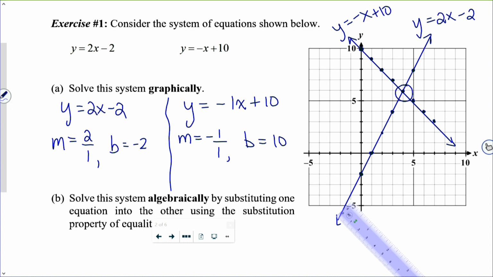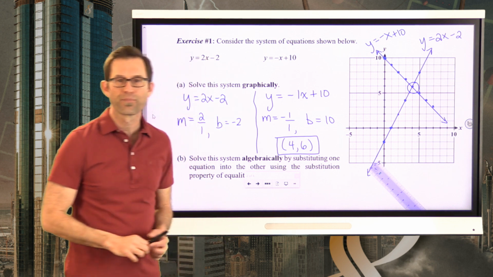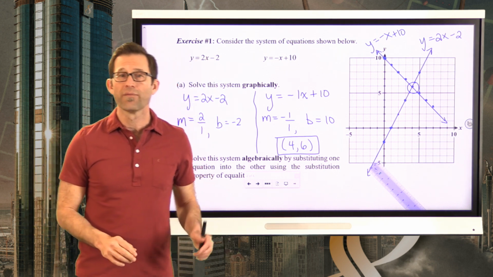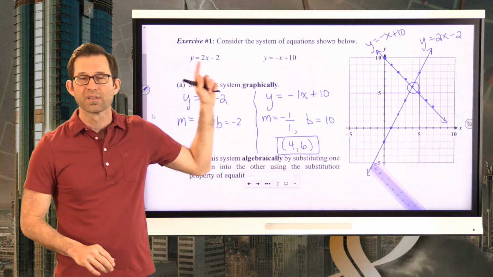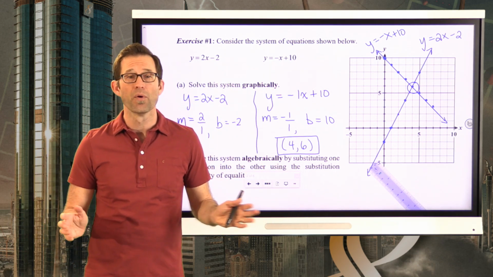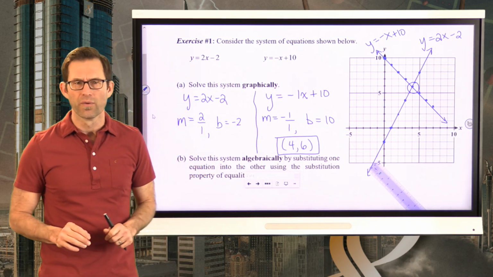Here's my intersection point, and that's at 4, 6. Make sure to circle that answer, 4, 6. All right, we could easily verify that that is the answer by substituting the 4, 6 into both of these equations, showing that it makes both of them true, but we don't need to do that.